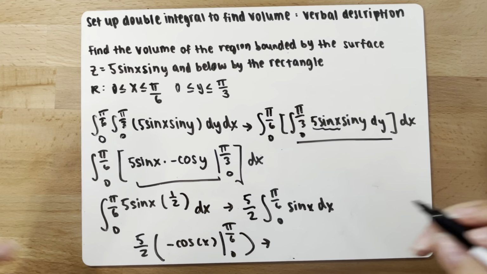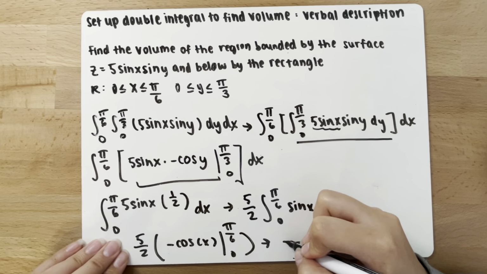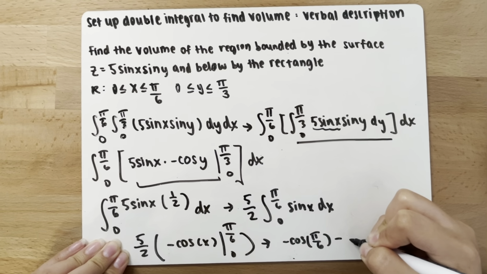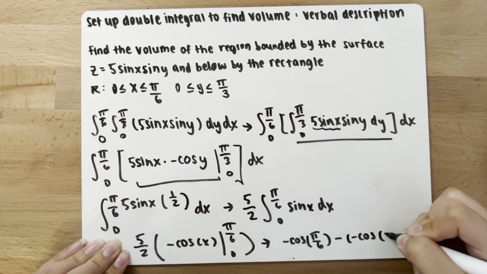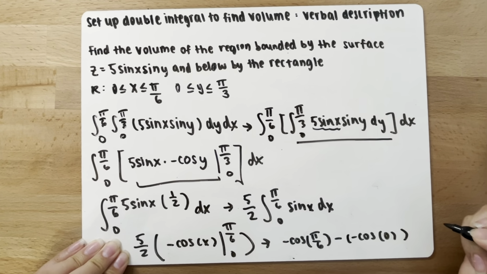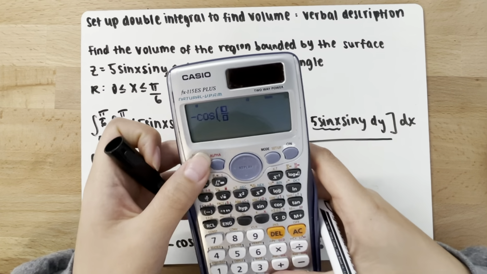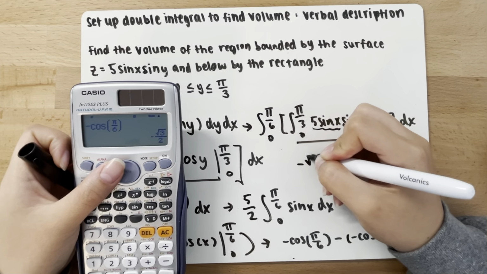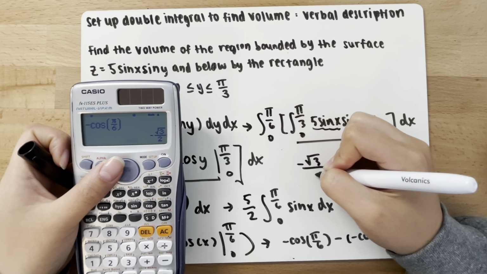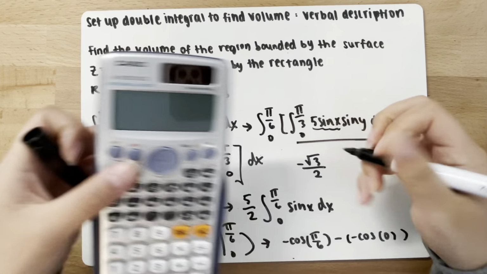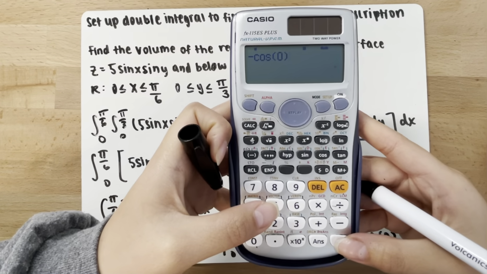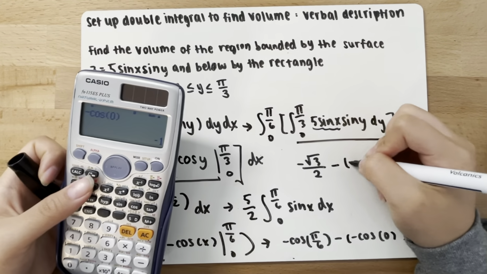You will then have negative cosine pi over 6 minus negative cosine 0, which if you put it in a calculator, negative cosine pi over 6 will give you negative square root of 3 over 2, minus negative cosine 0, which gives you negative 1.